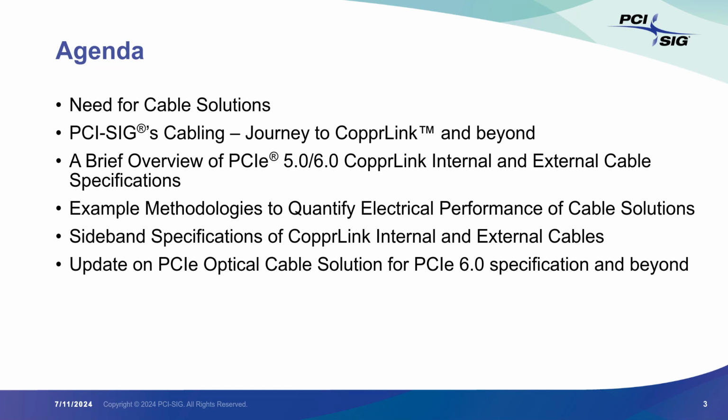We'll spend a good amount of time not only doing a brief overview of the 5.0, 6.0 CopperLink solutions and specifications, but also going into some deeper technical details, including some of the example methodologies to qualify the electrical performance of these cable links, and talk about some of the sideband features and control plane mechanisms that CopperLink internal and external cables offer. And we'll go into some of the more recent discussions around expanding PCIe cabling from just copper solutions to also include active and optical cable solutions for 6.0 and beyond.